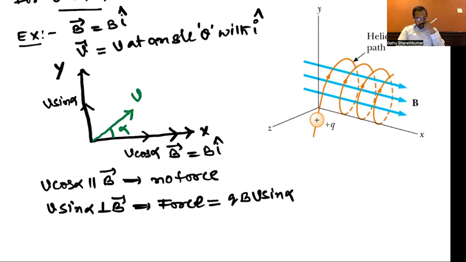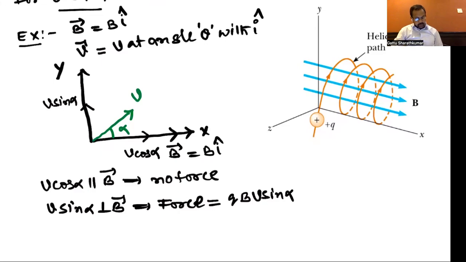This is my j cap, this is my i cap. j cap cross i cap, with the thumb opened and pointing towards my legs, that is nothing but along negative k cap.